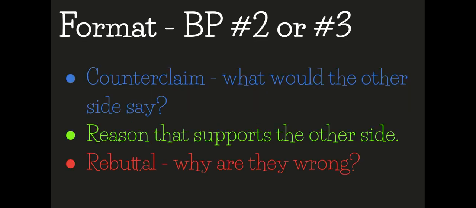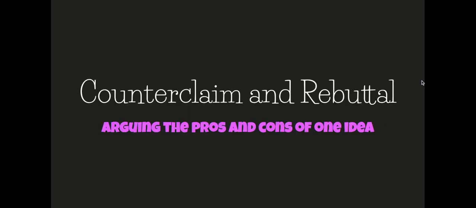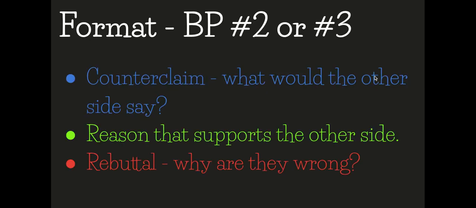Okay, so the format of this writing can vary. We've talked about how we all have different writing styles and how it looks a little bit different for everybody, and how you may have 2 body paragraphs or subtopics. You may have 3, depending on how much research you do. So it's going to vary.